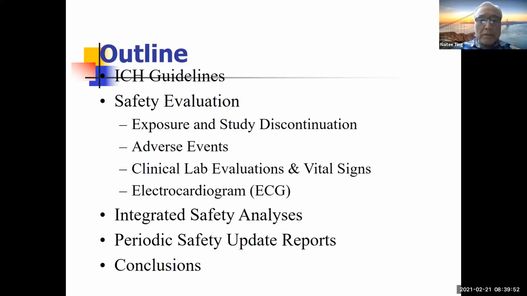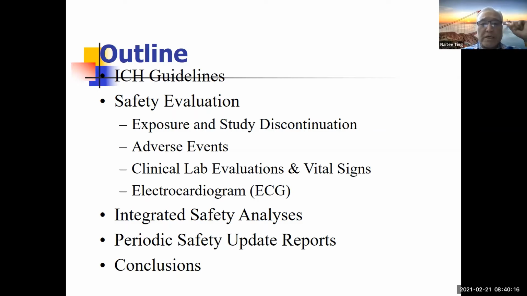So today we're going to start with ICH guidance. I talked about ICH before. This organization has made a lot of important contributions to the standardization of drug development and drug regulation.